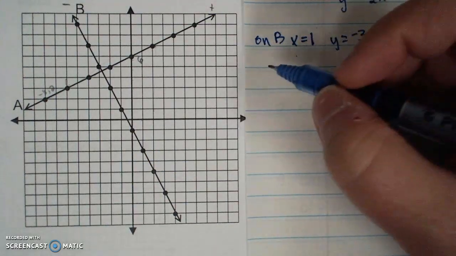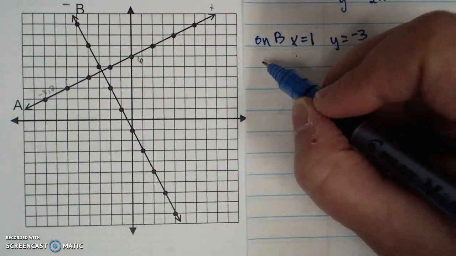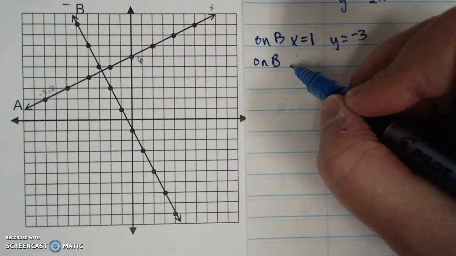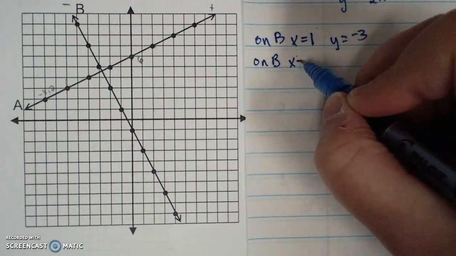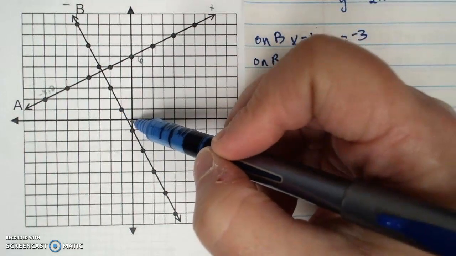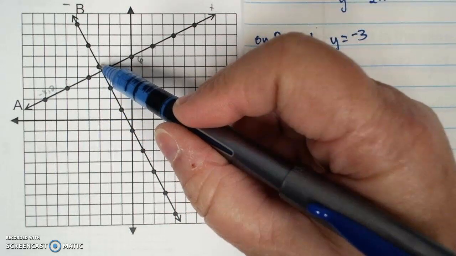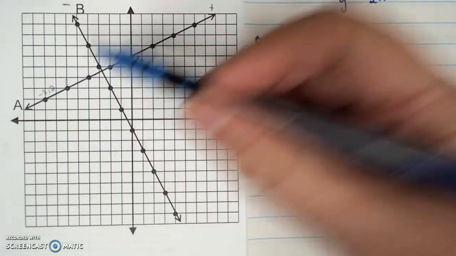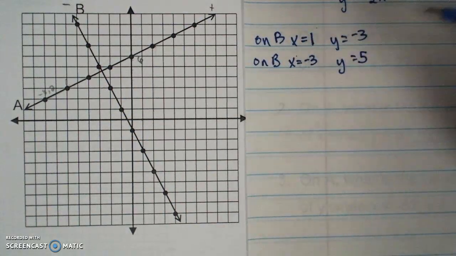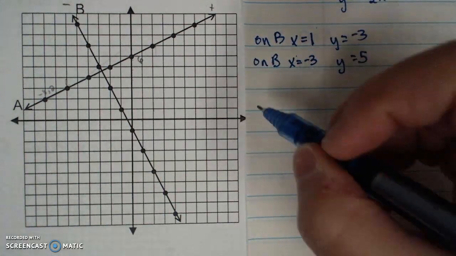And then it says on B, given x equals -3, what's y? And so I go to -3, and I go to B, and I hit that dot, which is at 5. What is the slope of B?